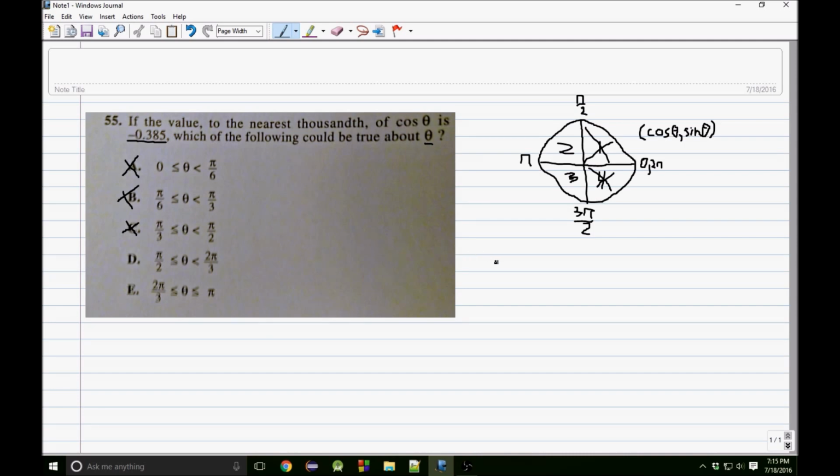So what's cosine of pi over 2? Cosine of pi over 2 equals 0. Okay, and then what is the cosine of 2 pi over 3?